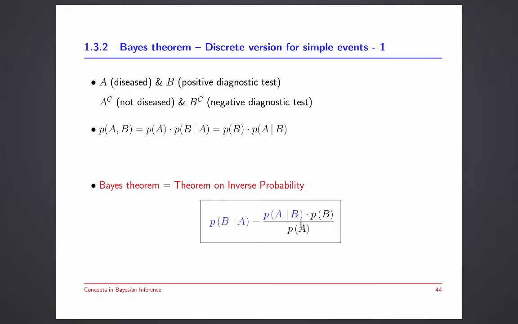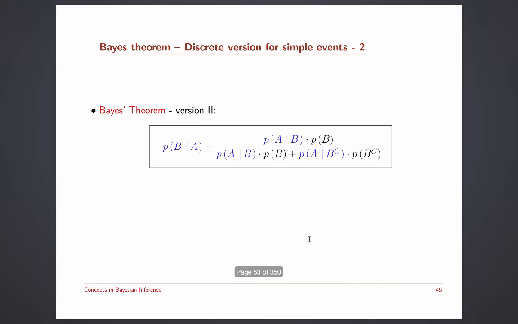Now, because of the law of total probability, we can further rewrite this expression, the probability of A. Indeed, the probability of A is equal to the conditional probability of A conditional on B times the probability of B plus the conditional probability of A conditional on B^C times the probability for B^C. So this is the second version of Bayes' theorem.